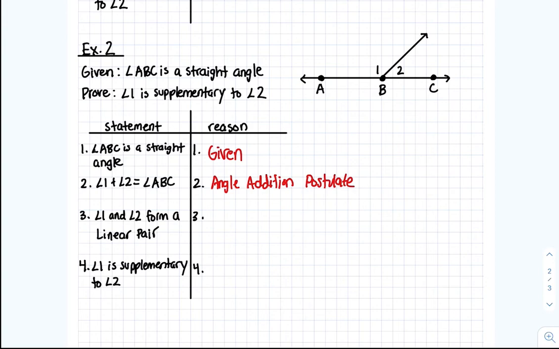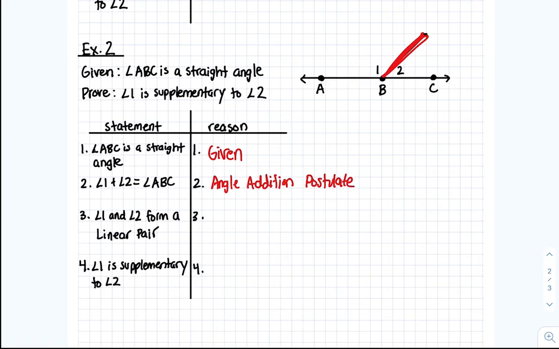Now it says angle 1 and angle 2 form a linear pair. Does that make sense? Yes, it does, right? Because if you look at the figure, that is literally what a linear pair is: two angles that share a common side and a common vertex, and it's on a straight line.